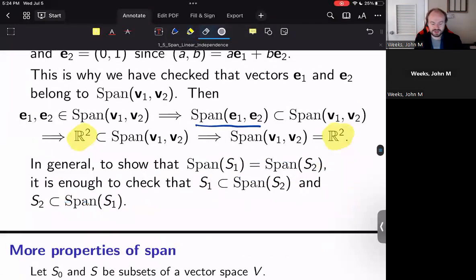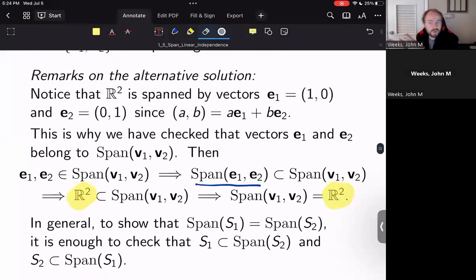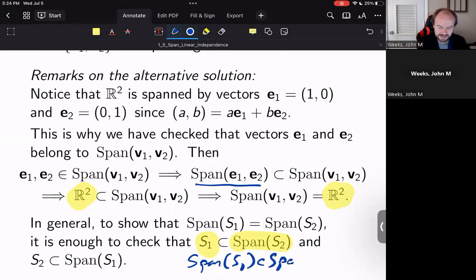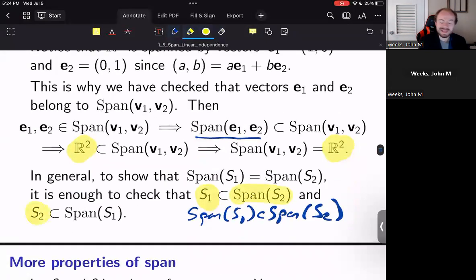In general, in order for the span of one set to equal the span of another set, and this is a good one right here, it's enough to show that S1 is inside of the span of the second generating set S2. So if S1 is inside of there, then you can just take the span of S1, and you know that this will be inside of the span of S2. And then you show the opposite, but this time only showing that the subset S2 is in the span of S1.